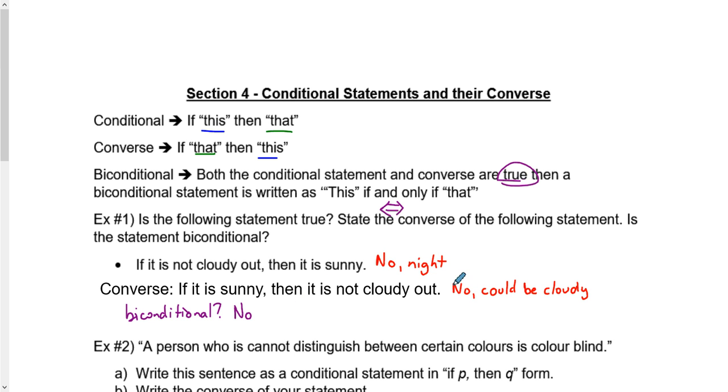No, it's just one of these has to say no. You could make the argument that if it's sunny, then it's not really cloudy out. But if it's not cloudy, then it's sunny? No, it could be nighttime. Just one of these being false means it's not biconditional.